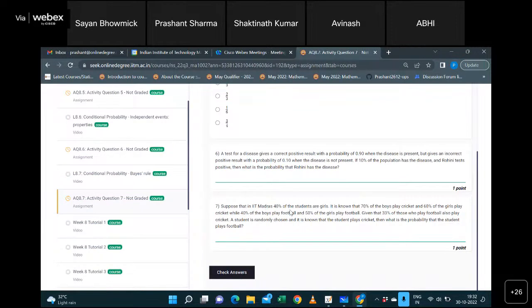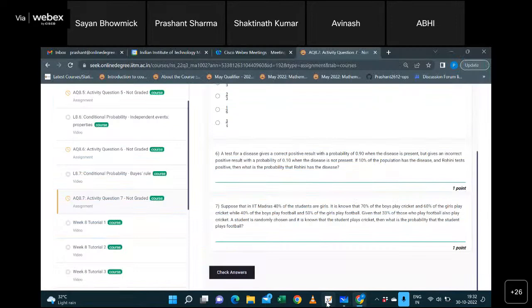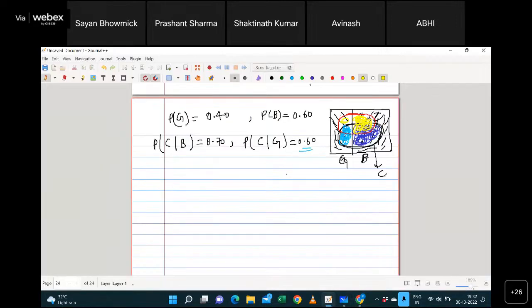40% boys, 40% football. Somehow its region is more than 40%, but we can just try to interpret this yellow region as boys who are playing football. And 50% girls, so this yellow region is girls who are playing football.